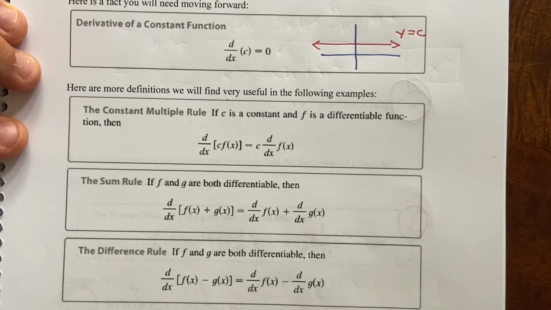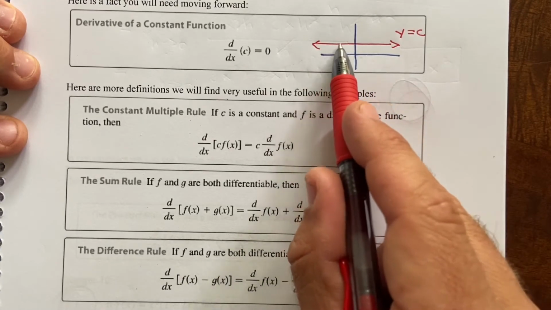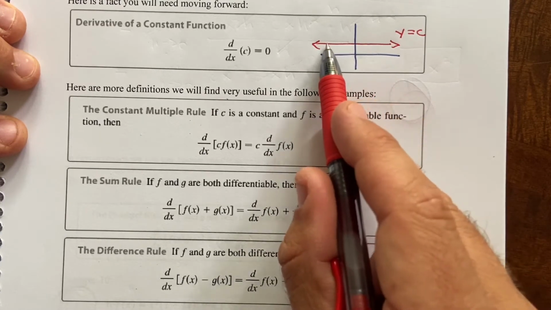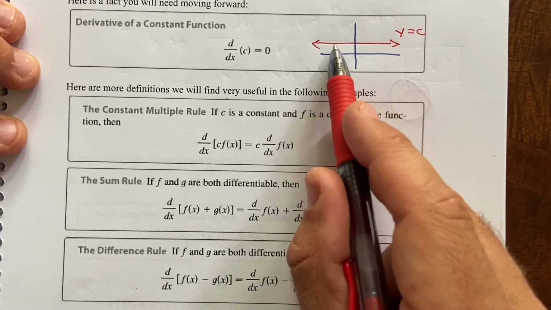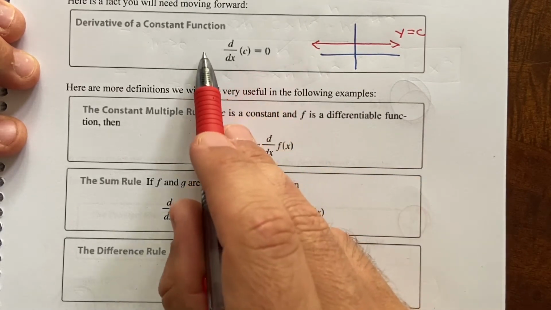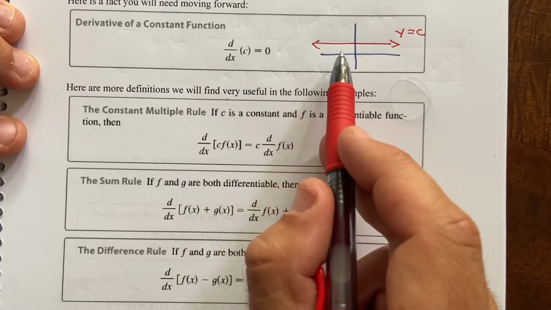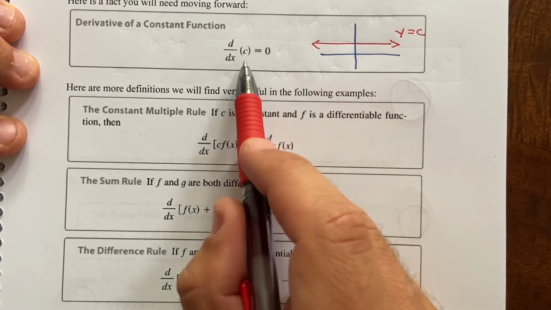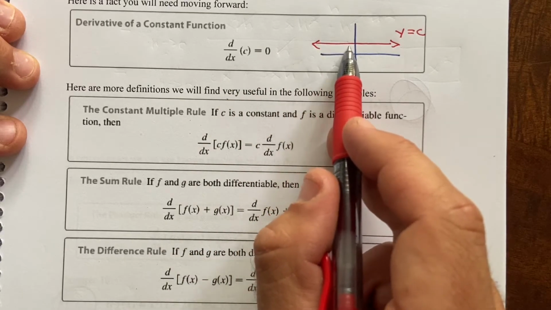If that's a horizontal line through c, then what would be the slope of that horizontal line at any location x? The slope of this horizontal line at any location x would be 0. Keep in mind there's a very strong connection between the derivative and a measure of a graph's slope. So if we're measuring the slope of this constant function, the slope is 0.